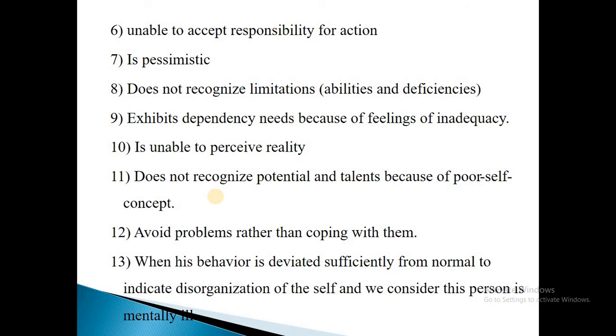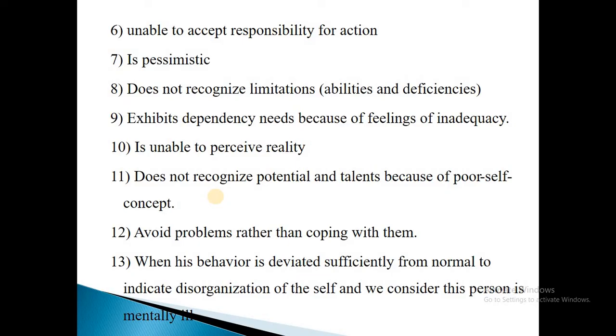What else? Number 6, unable to accept responsibility for actions. When he does certain actions, he says, I don't know, no, it is not my responsibility. So he is escaping from responsibility and his tasks. Also, number 7 is pessimistic.